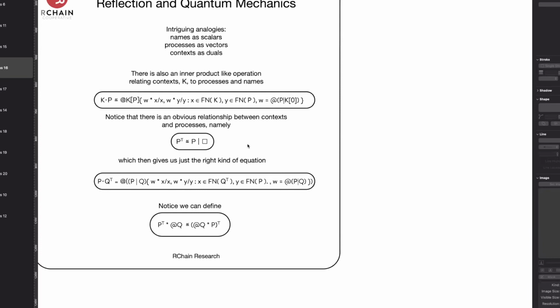Yes. A for comprehension is waiting for an input, and that input will be a name, and that name can be dereferenced to a process. So every for comprehension is like a process with a hole in it, right? But P might not be a for comprehension. For example, what if P is just a send?